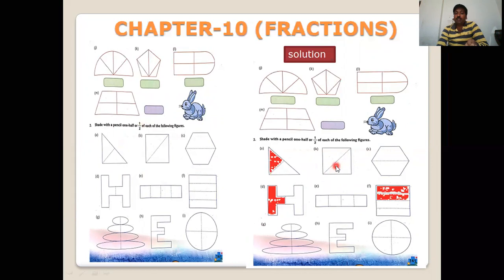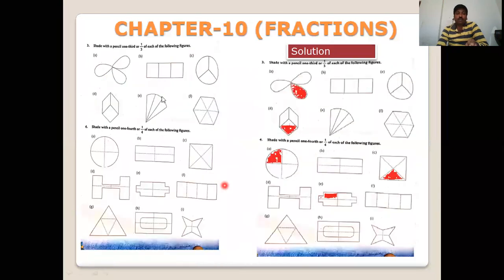And now this question, and this question, and this question, you will solve it. Okay, now this is the first, B, D and F. I have solved it. Now this is question number 3.